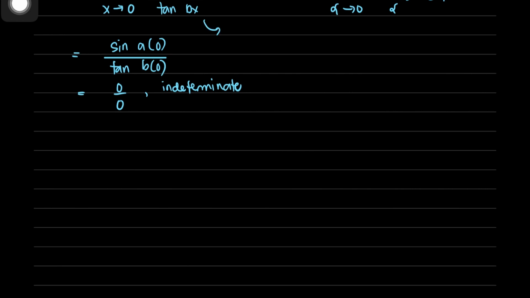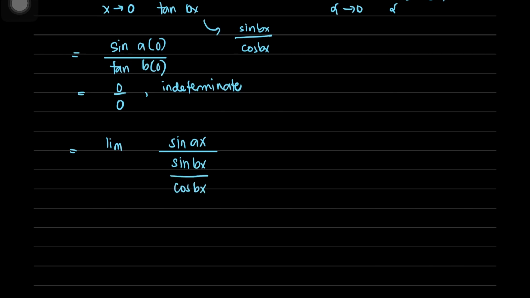So this one is sine of bx over cosine of bx. So this is now equal to, if we're going to write it, the limit of sine of ax all over sine of bx over cosine of bx as x approaches 0.